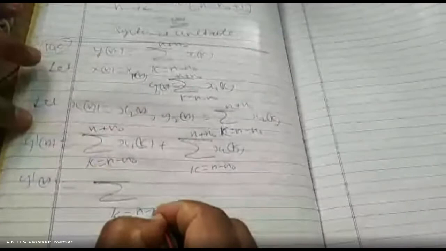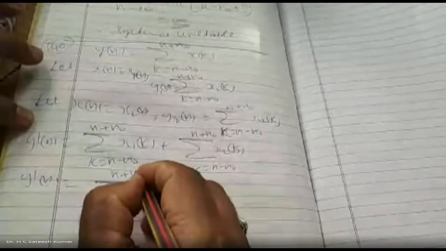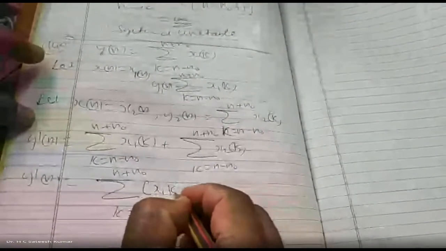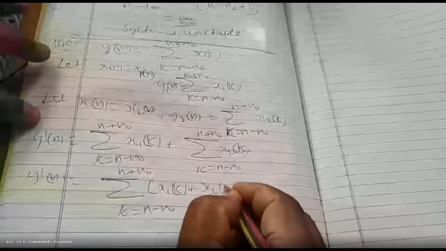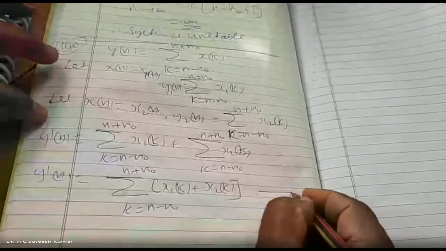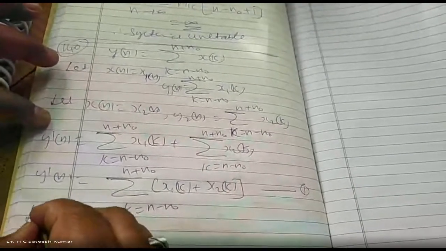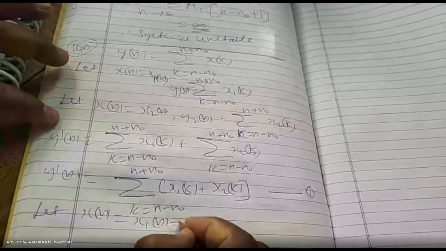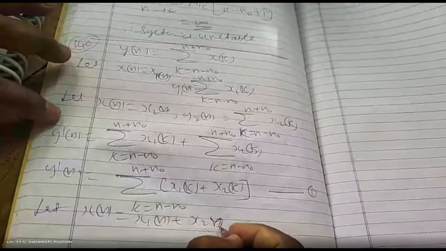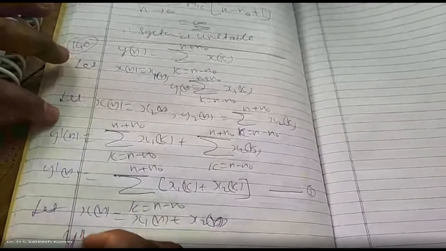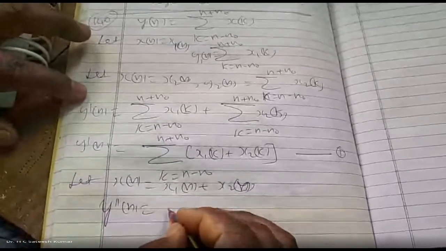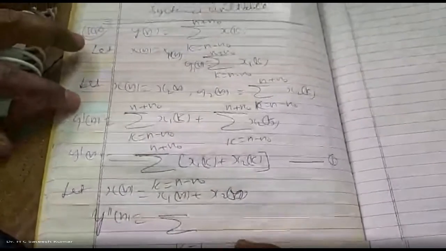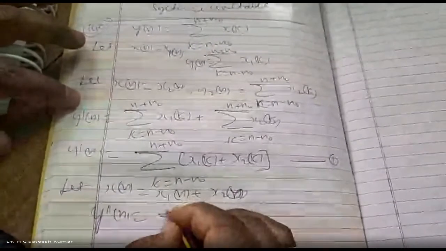This can be written as y dash of n is equal to summation k varies from n minus n naught to n plus n naught x1 of k plus x2 of k. Call this as equation number 1. Let x of n is equal to x1 of n plus x2 of n. Y double dash of n is equal to summation k varies from n minus n naught to n plus n naught.